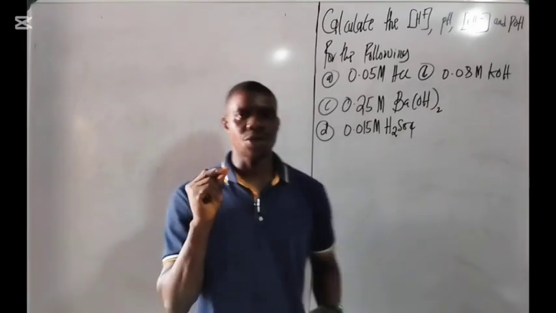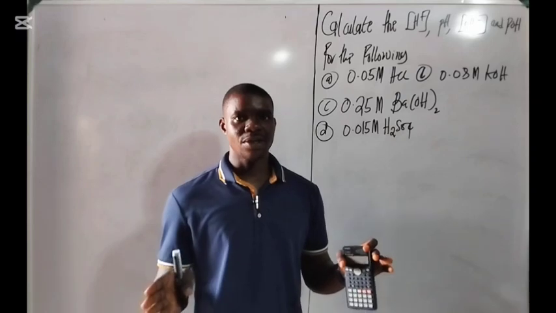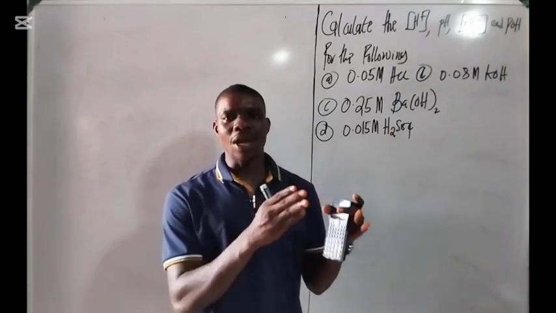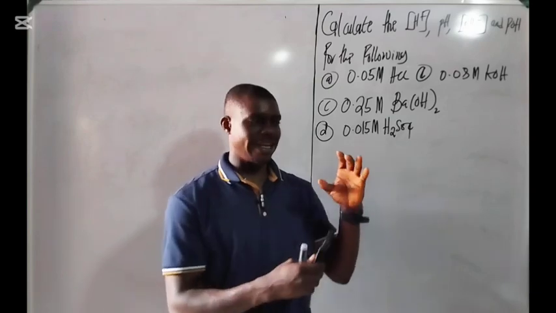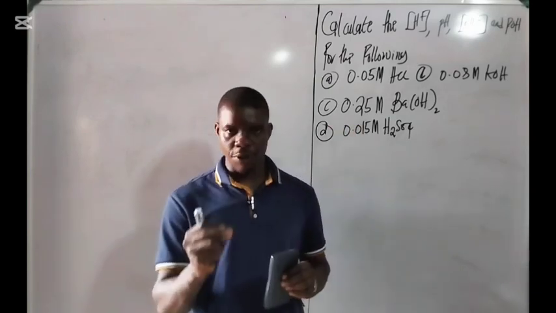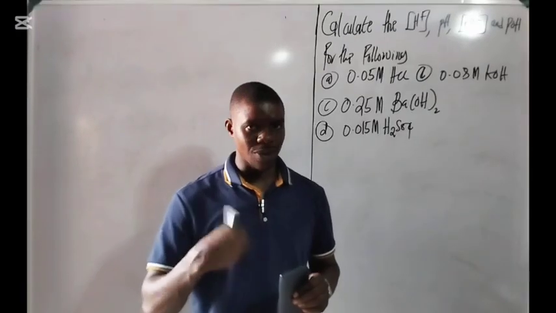Now I want you to understand that when it comes to acid and base, we have what are called strong acids and strong bases. The way you calculate the pH and pOH of a strong acid and strong base is different from the way you solve questions relating to weak acids and weak bases.